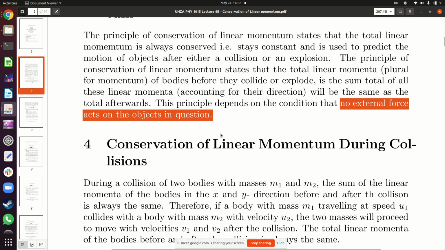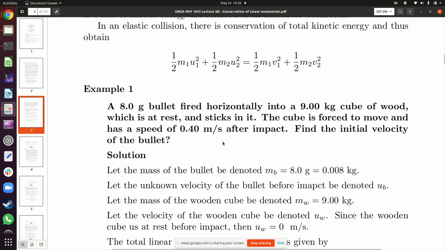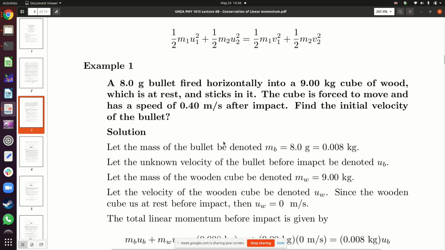If there is no external force, then you assume that the velocity of these objects which are colliding is constant. So when the bullet is fired from the gun, it comes out with a certain velocity, which we do not know at the moment, and that's the velocity you are looking for. This velocity before impact doesn't change, it's the same.